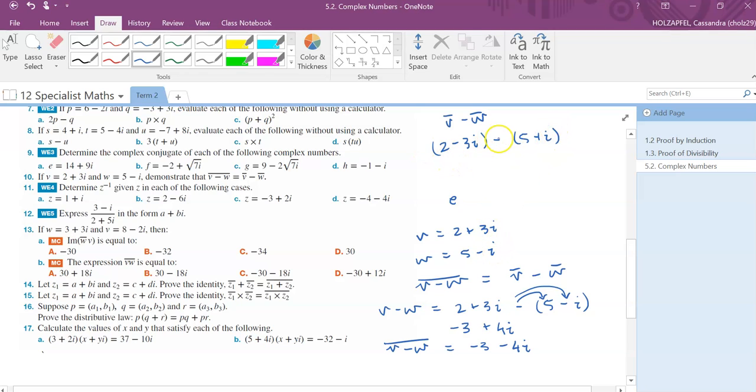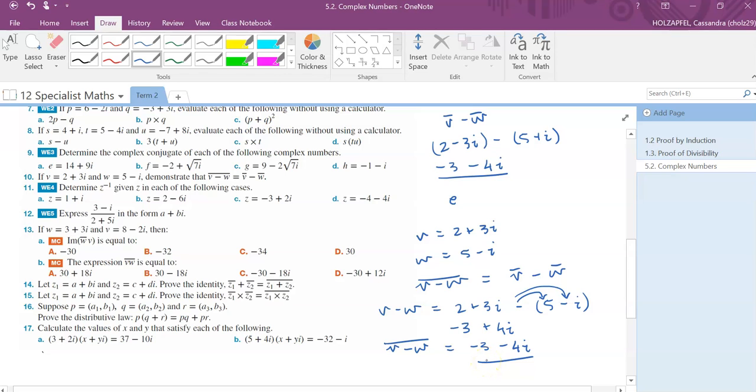Okay, so let's expand this or distribute this negative across the bracket. So 2 minus 5 is going to be negative 3, and then negative 3i minus i is going to make negative 4i. So there we go. We have this side of the equation equal to negative 3 minus 4i, and this side of the equation is also equal to negative 3 minus 4i.